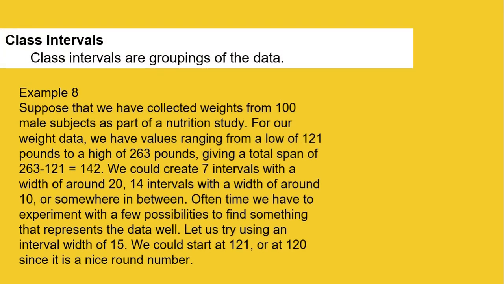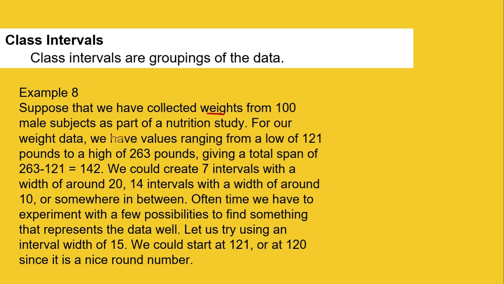Okay, so class intervals are groupings of data. Yes, let's now have our example. Suppose that we have collected weights from 100 male subjects as part of a nutrition study. So you're getting the weights of male people.